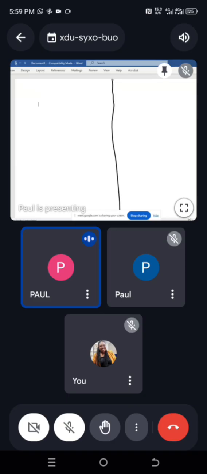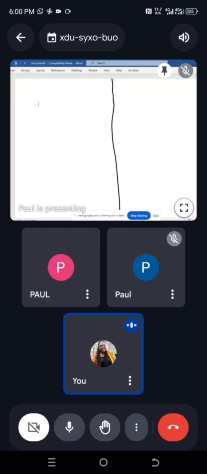See, shift plus bracket open, the first one. Please, we can continue.